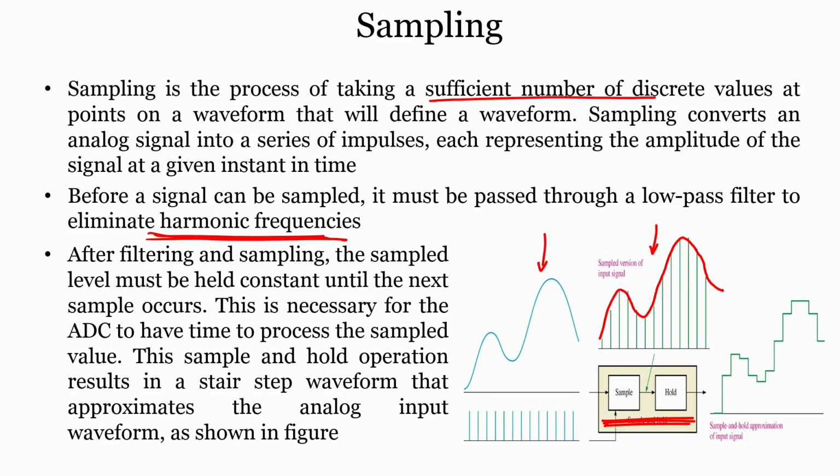This sample and hold operation results in a step waveform that approximates the analog input waveform as shown in this particular figure. Okay. So, this is the analog signal, then this is the sampled version of the input signal, and this one is the sample and hold approximation of the input signal. Okay. This is how your sampling works.